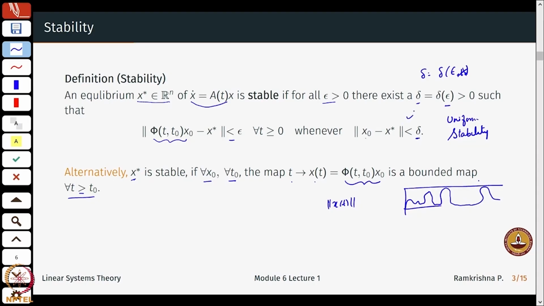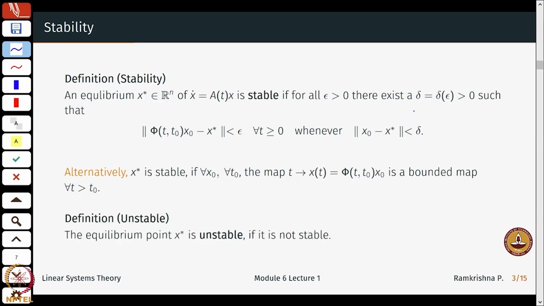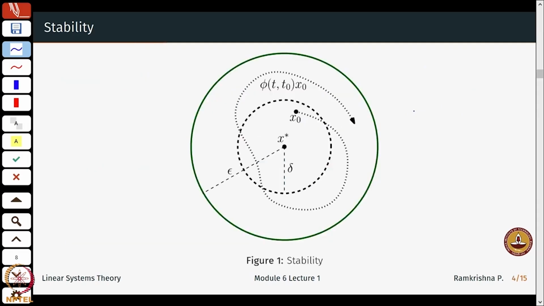Let us see a pictorial version of it. I start with x star as my equilibrium point here. Let this x naught come from a delta ball. Essentially, a delta ball would be a ball centered at the equilibrium and of radius delta.